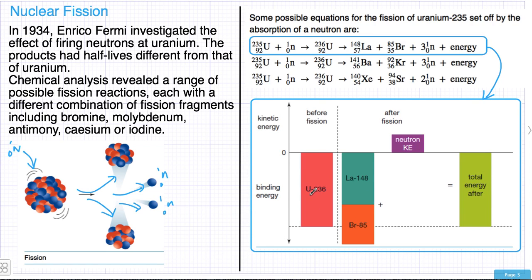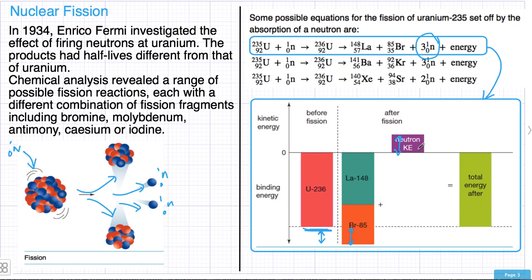So to account for that, we actually have a loss of energy through kinetic energy. And that kinetic energy is in the neutrons, okay, that we have coming out of the fission reaction, so in these guys here. And you can see here the distance, that is the difference. See, there's a little bit more than the uranium had in binding energy. That's actually the amount of kinetic energy.